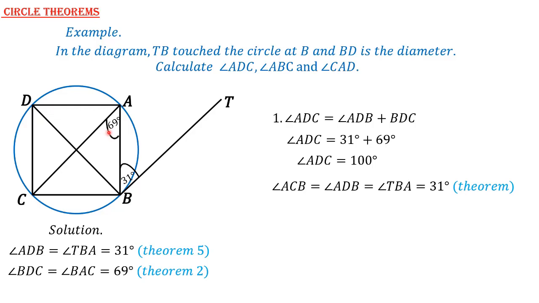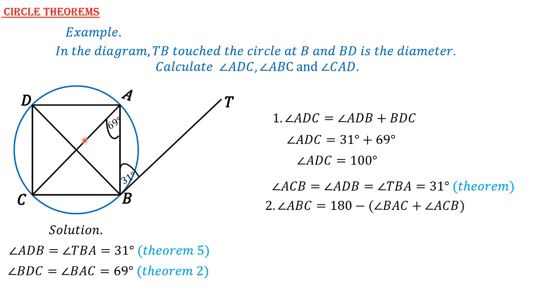Because we said that angles in the same segment at the circumference are equal. So this angle is the same as this angle here. And we also said that angle ADB, this angle, is 31 degrees. That's what we say here. Angle ADB here is 31 degrees. That's the alternate segment theorem.